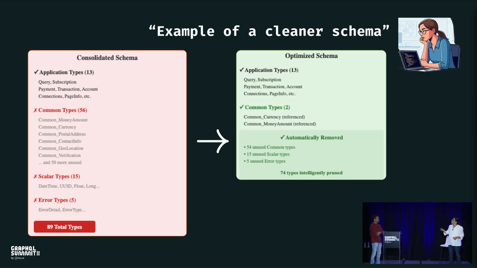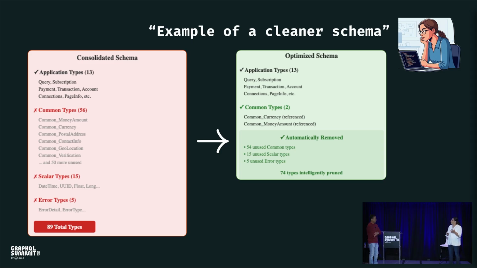Oh, let's look at your subgraph. We'll see the difference when you consolidated the schema with the shared types without schema pruning. Look at the subgraph. It has about 74 types, almost 54 common types which are unreferenced, but they have been included in your consolidated schema.